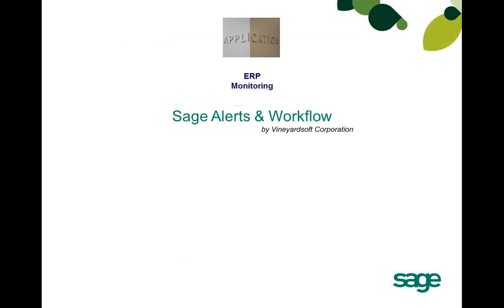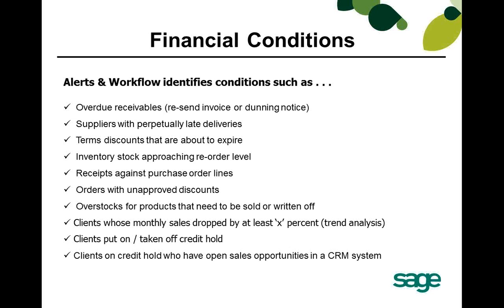Let's drill down yet another layer deeper. Now, when we talk about the components of Sage Alerts and Workflow, it starts out by monitoring your ERP application for any business conditions that are important to you. And that last phrase bears repeating, any business conditions.